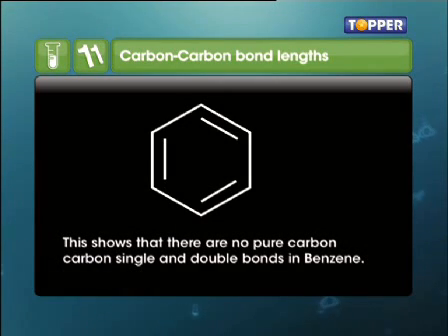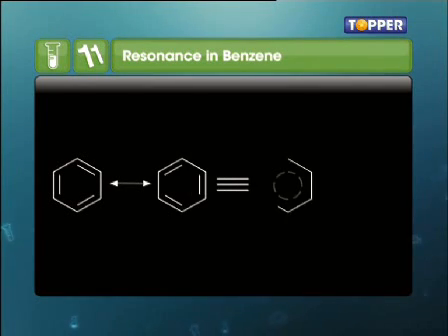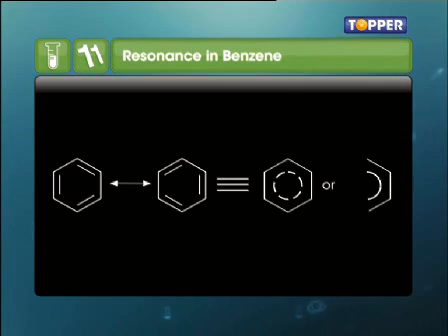This shows that there are no pure single and double bonds in benzene. In other words, benzene does not exist in either of the 2 structures given by Kekulé. It is a resonance hybrid of both the structures. In fact, the concept of resonance came into being because of benzene.